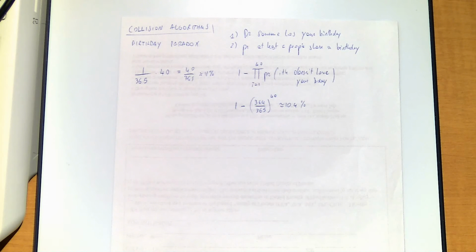Now consider the second question, in which you take 40 strangers at random. What's the probability of at least 2 of them actually sharing a birthday? It doesn't have to be your birthday though. What's the probability of them sharing at least a birthday? We'll use a similar type of computation.